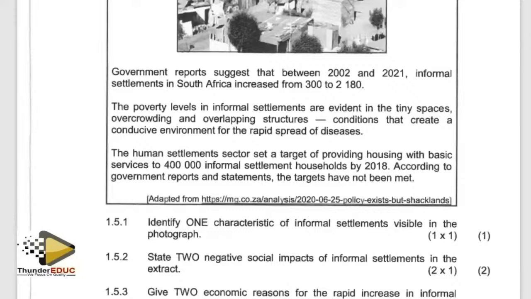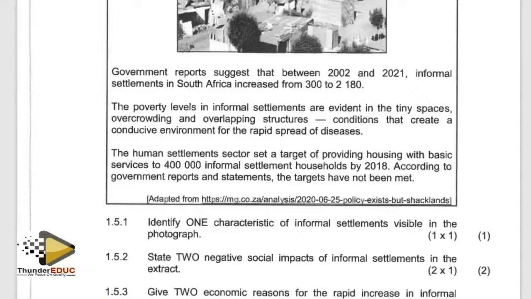The poverty levels in informal settlements are evident in the tiny spaces, overcrowding, and overlapping structures, conditions that create a conducive environment for the rapid spread of diseases. The human settlement sector set a target of providing housing with basic services to 400,000 informal settlement households by 2018. According to the government report, the target has not been met.